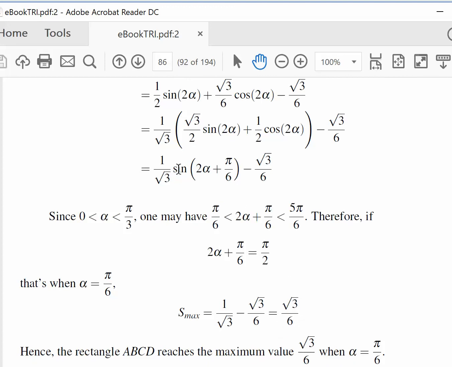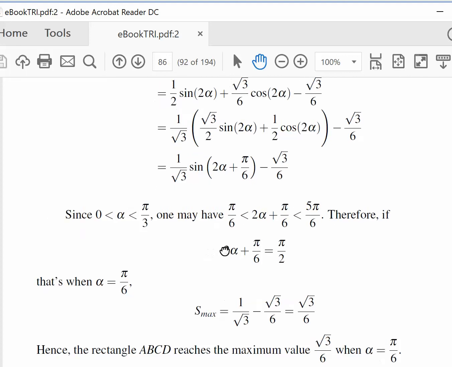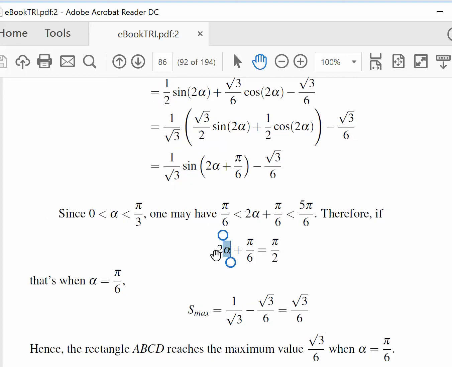Well, at which place do you have it? We know you have sine of 2 alpha plus pi over 6 is 1. Well, if you have sine of pi over 2, then the value will be 1. So you may assume that 2 alpha plus pi over 6 equals pi over 2. You then solve for alpha.